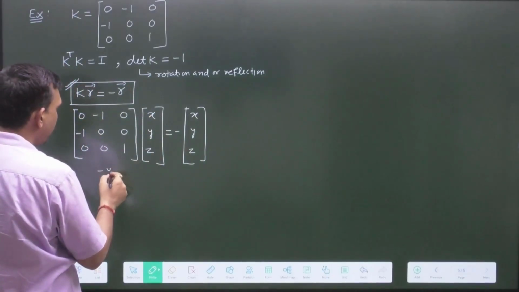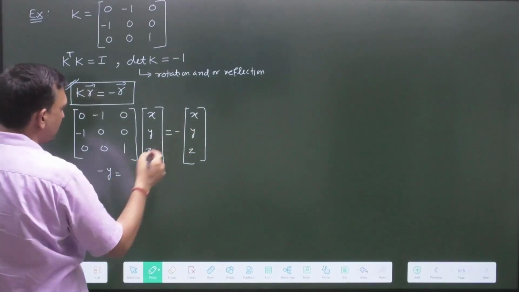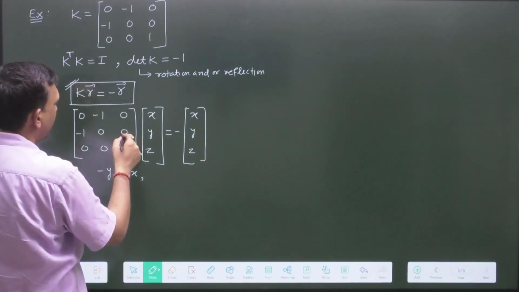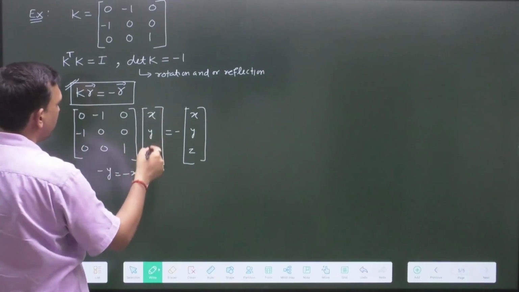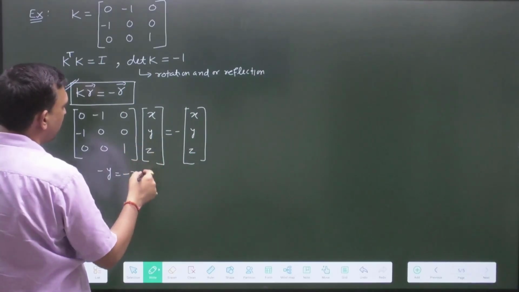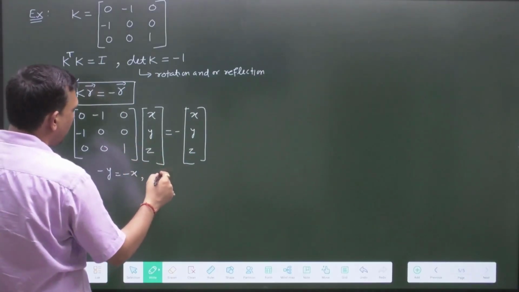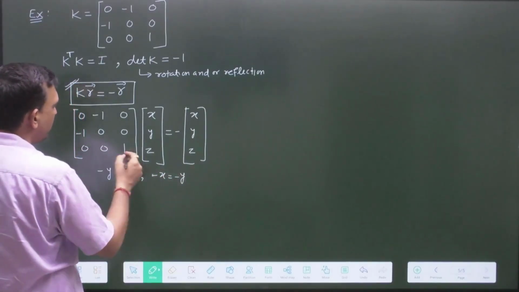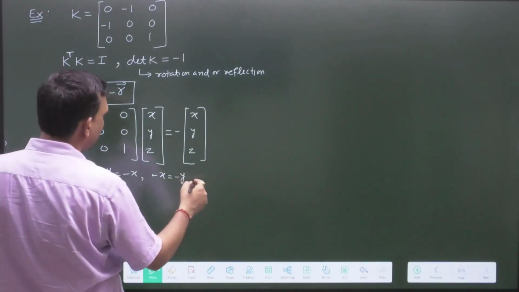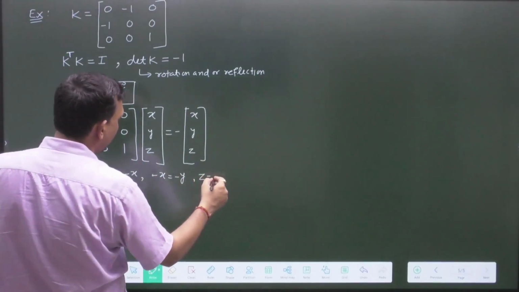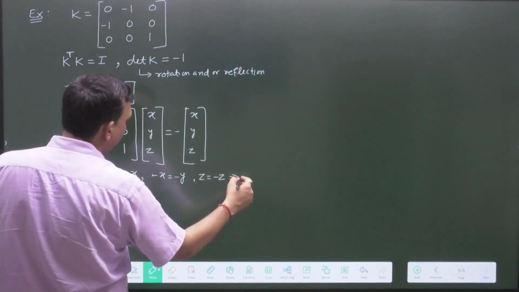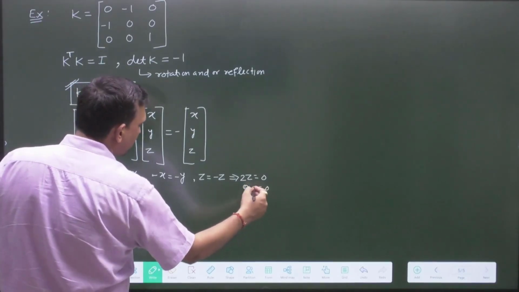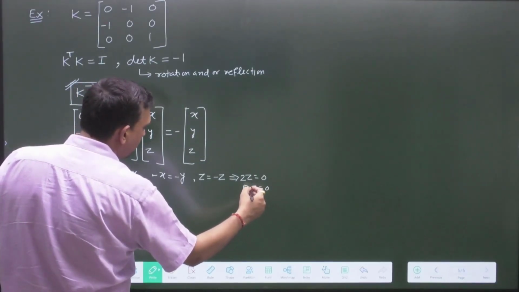The first row gives minus Y is minus X. Then the second row gives minus X is equal to minus Y. And what about Z? Z is equal to minus Z, so 2Z is 0, or Z is equal to 0. Z is 0 here.